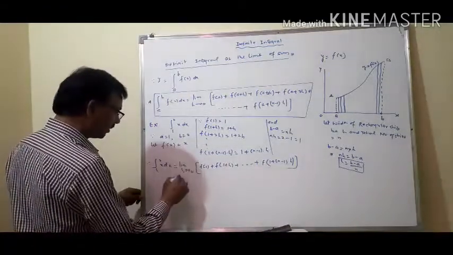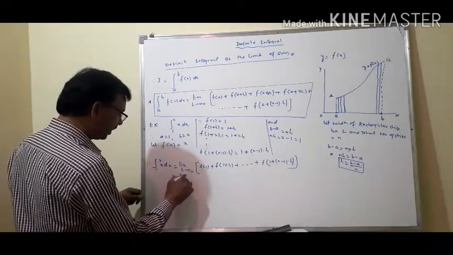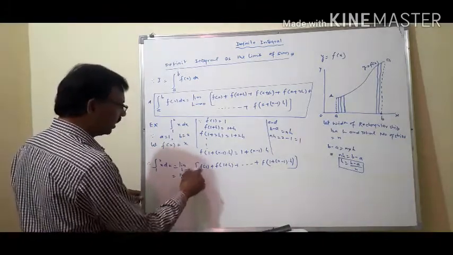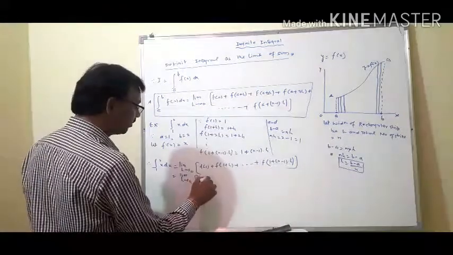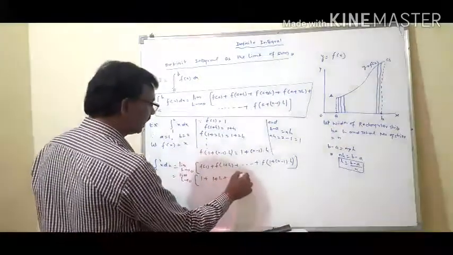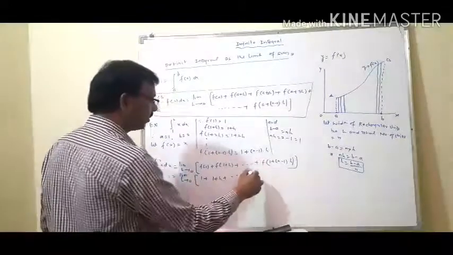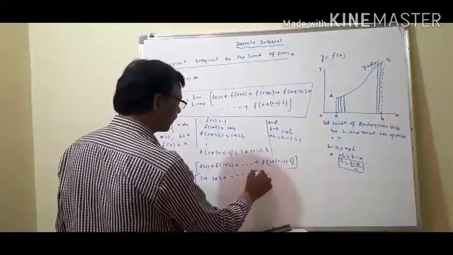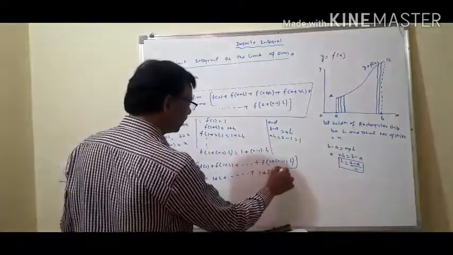Now put in the values: limit h tends to 0 of 1 plus 1 plus h plus and so on, plus 1 plus n minus 1 into h.